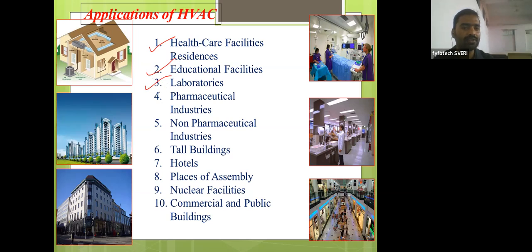In the laboratories, in the pharmaceutical industries, in the non-pharmaceutical industries, tall buildings, hotels, places of assembly, nuclear facility, and commercial and public buildings. Wherever you go, in order to improve the aesthetics or the standard of life, they are utilizing this HVAC system. This is all about the HVAC system.